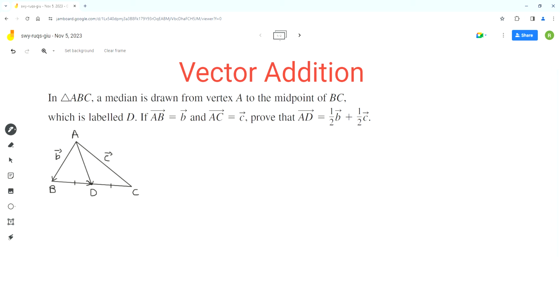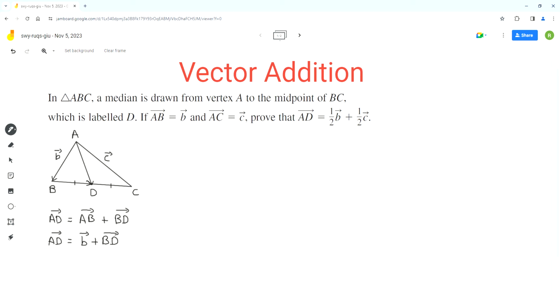We'll write vector AD is equal to vector AB plus vector BD. Now vector AB is given as vector B. So in the next step we can write vector AD equals vector B plus BD.